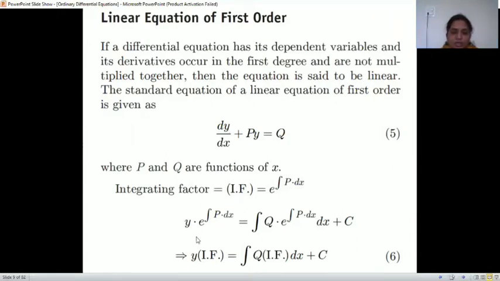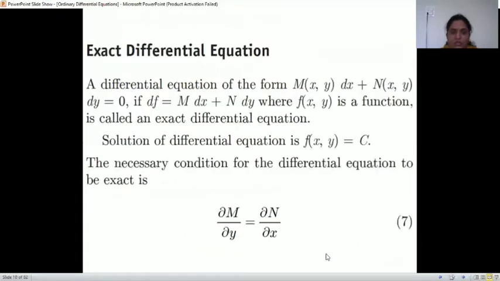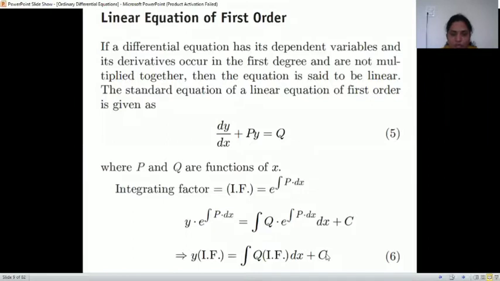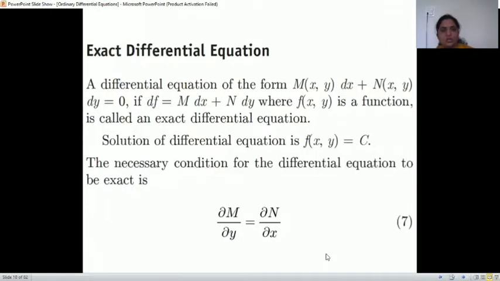Just remember this: dependent variable y into integrating factor is equal to integration of q into integrating factor with respect to x plus c. This is the solution. We can remember that y into integrating factor is integration q into integrating factor with respect to independent variable dx plus c. Okay, this is the linear form of a first order equation, that is ODE.